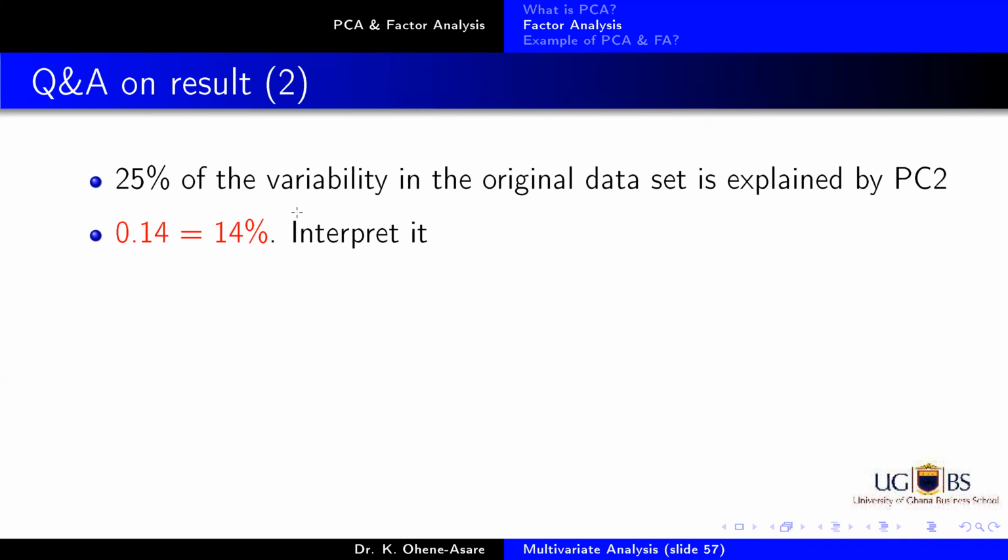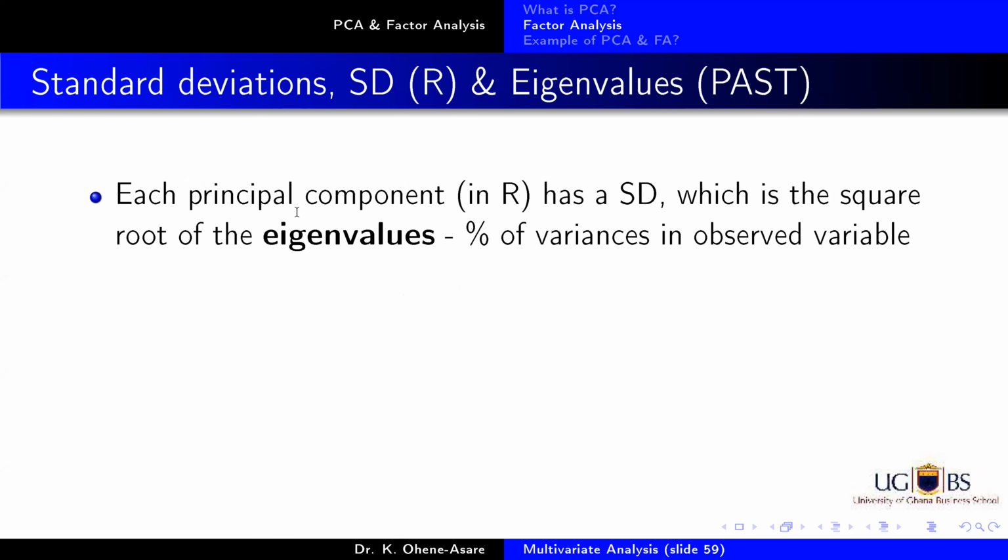Please note the relationship between the standard deviation and the eigenvalues. The standard deviation is the square root of the eigenvalues. The eigenvalues are the variances. So the standard deviation is the square root of the eigenvalues.